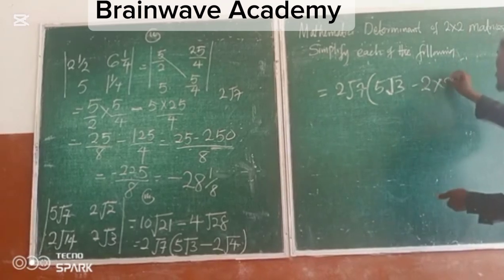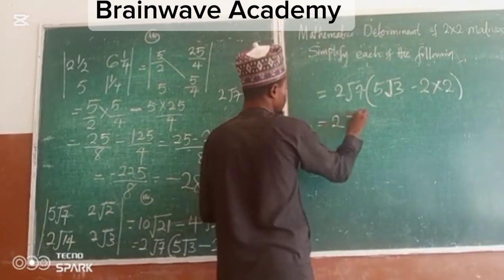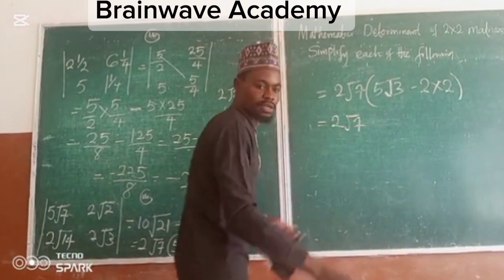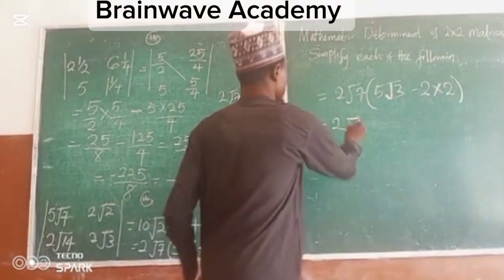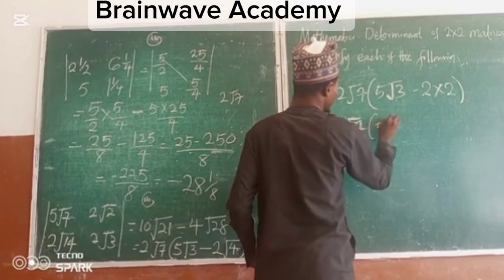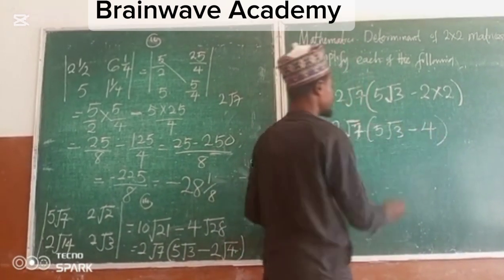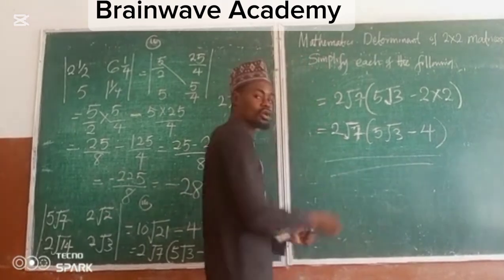Root of 4 is what? 2, close bracket. Which means we are going to have 2 root 7, open bracket, 5 root 3 minus 2 times 2 is 4. This is the final answer for the third question.